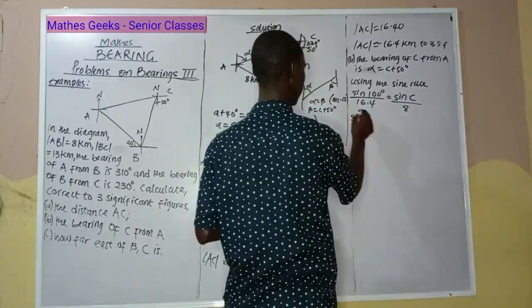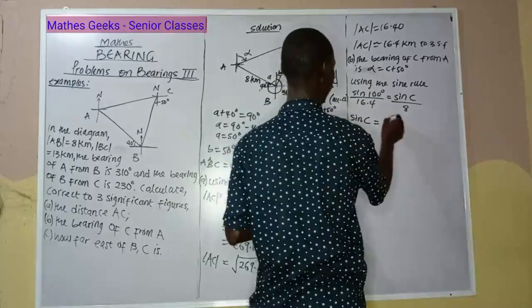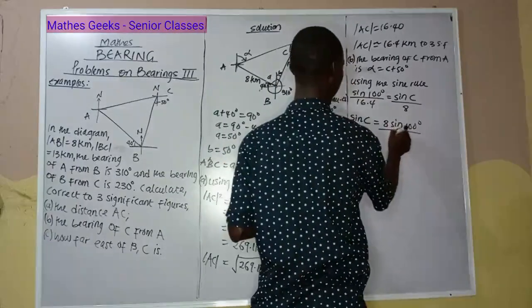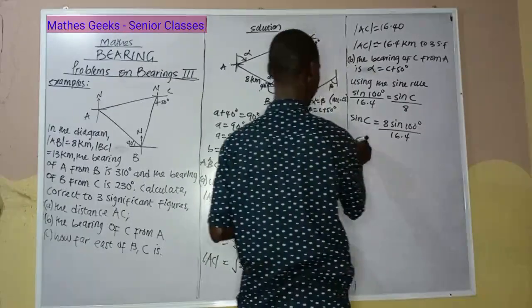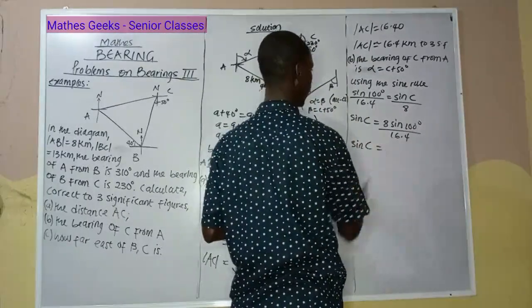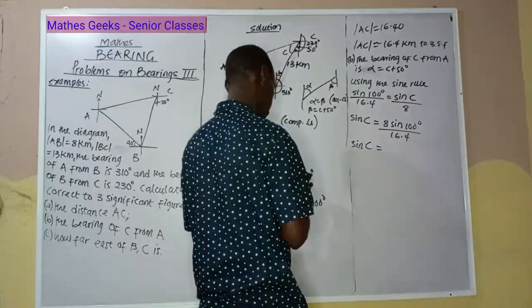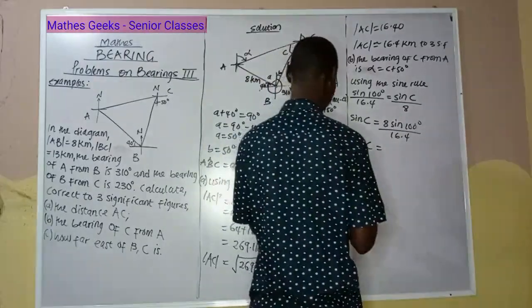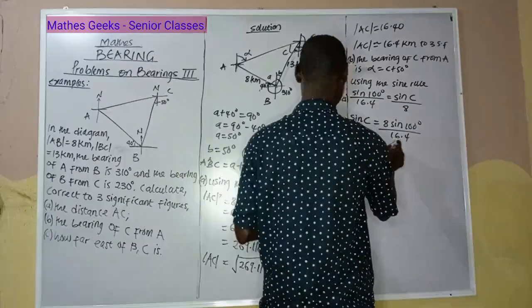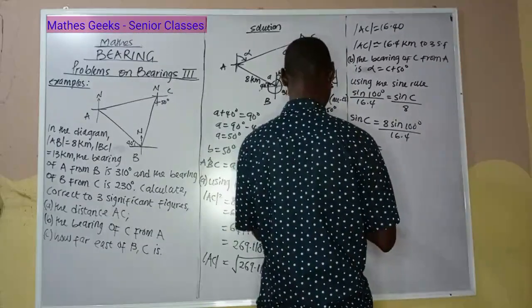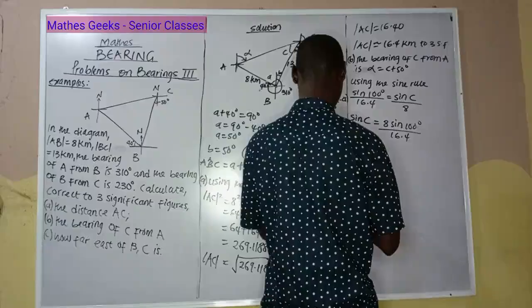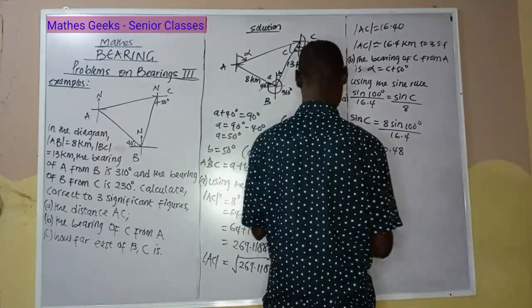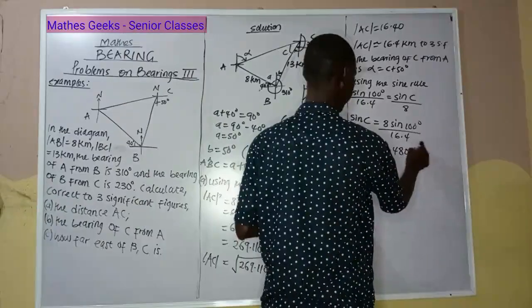So sine C is equal to 8 sine 100 degrees over 16.4. 8 sine 100 is 7.8785, divided by 16.4 is 0.4804.